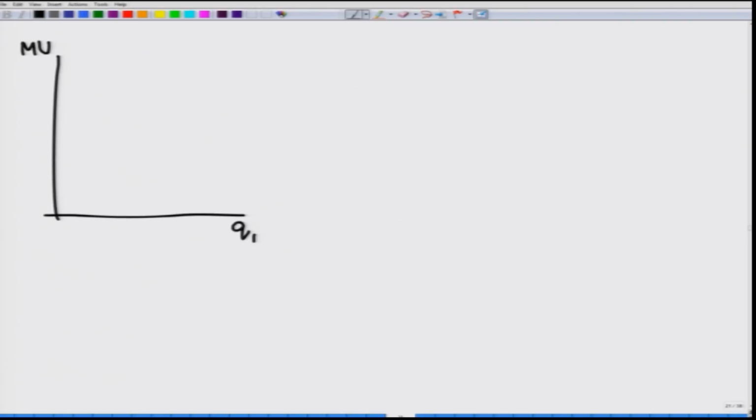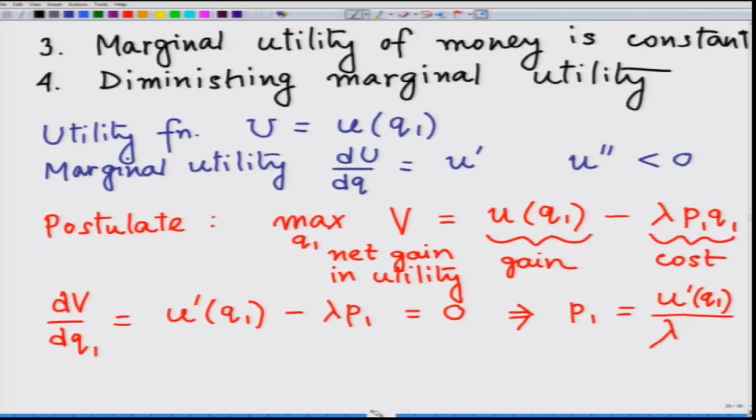Now, note from the previous expression that lambda is a constant, it will not change as q changes, but u prime of q1 will change as q1 changes, and we have already assumed that u double prime is negative.